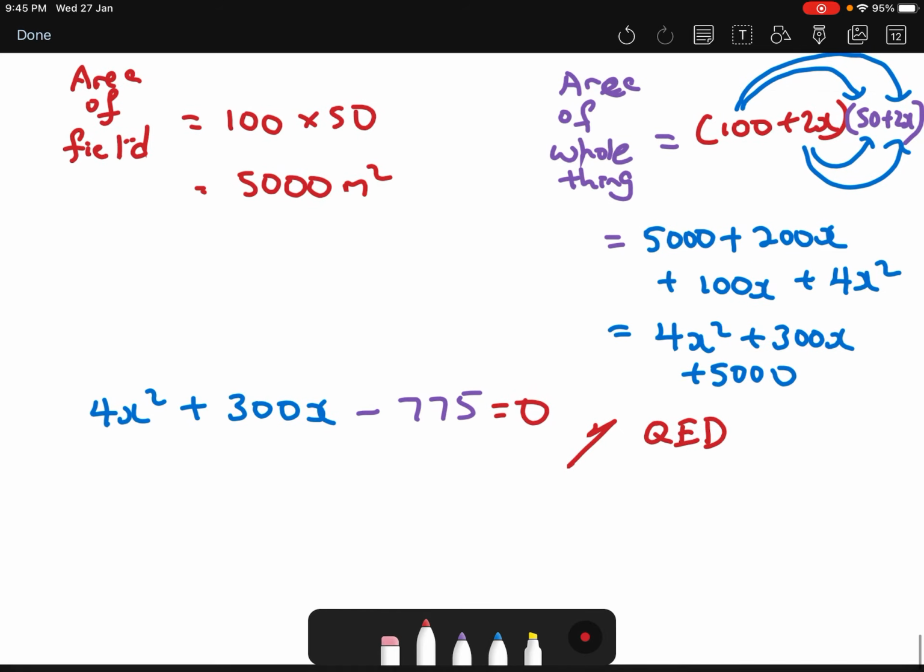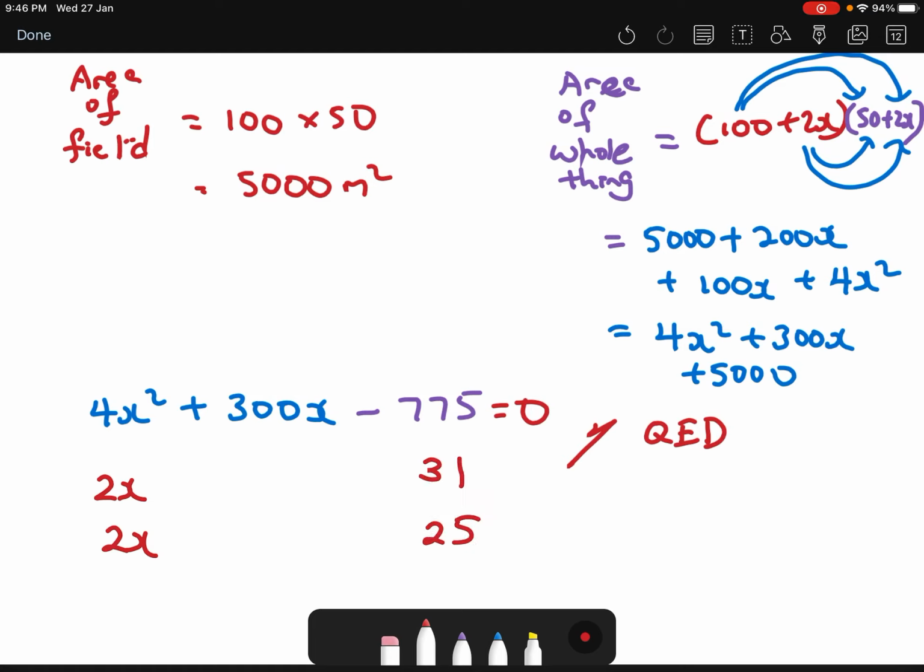For this we try to use factorization. Maybe we try to use 2x. 775, let's see how we can split. Maybe you try to use 31 and 25.